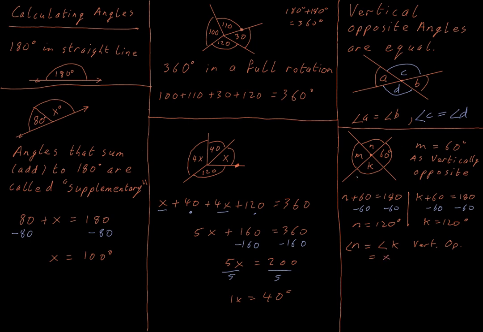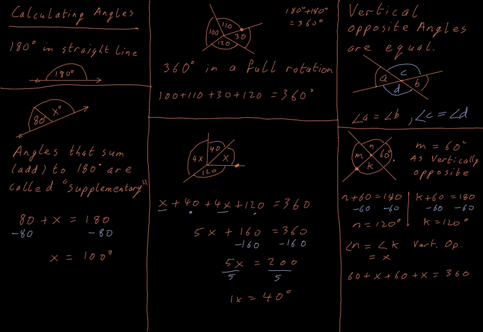So we know that if we start here and start rotating around, 60 plus x plus 60 plus x must add up to 360. So 60, that's our angle M, plus x, our unknown angle K, plus 60 plus x must add up to 360 degrees, because we've gone all the way around.